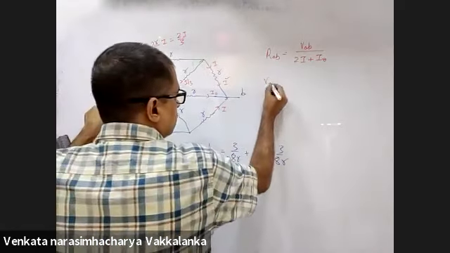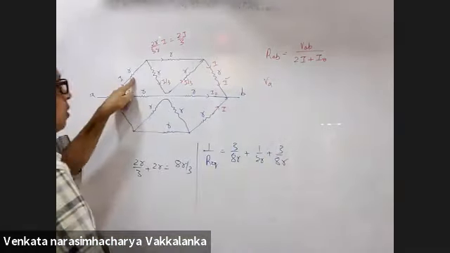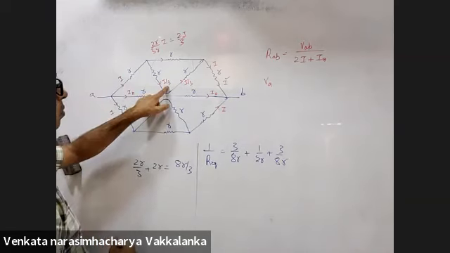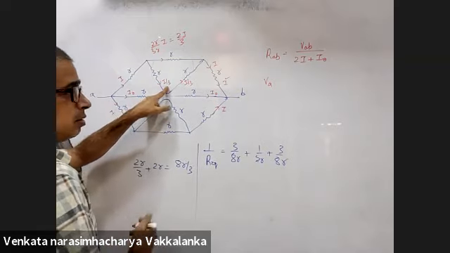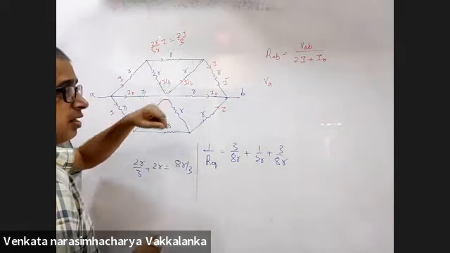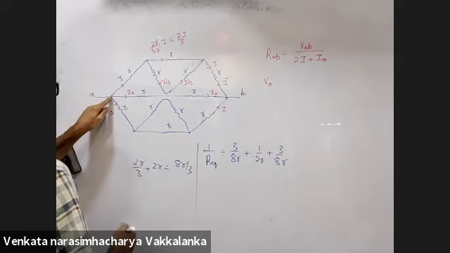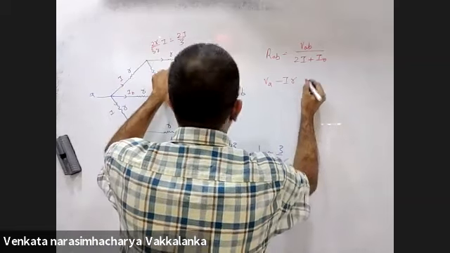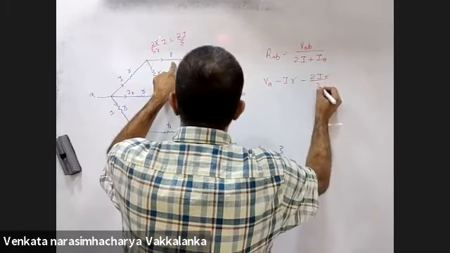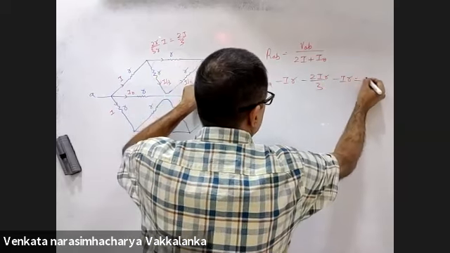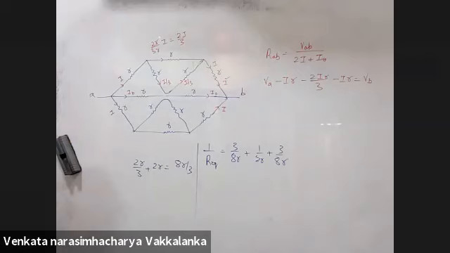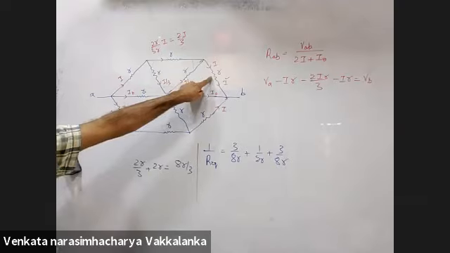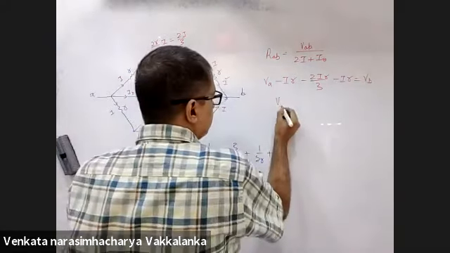Start from here. So it is 2I by 3, right? In the lower branch. In that only where you wrote I by 3 in the diagram, it should be 2I by 3, right? Greater the resistance, lesser the current. Right, sir, sorry. VA minus IR minus 2IR by 3 minus IR is VB. Right?